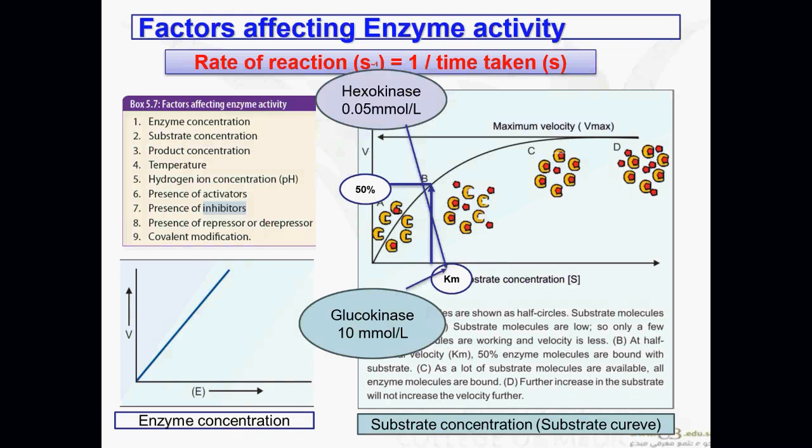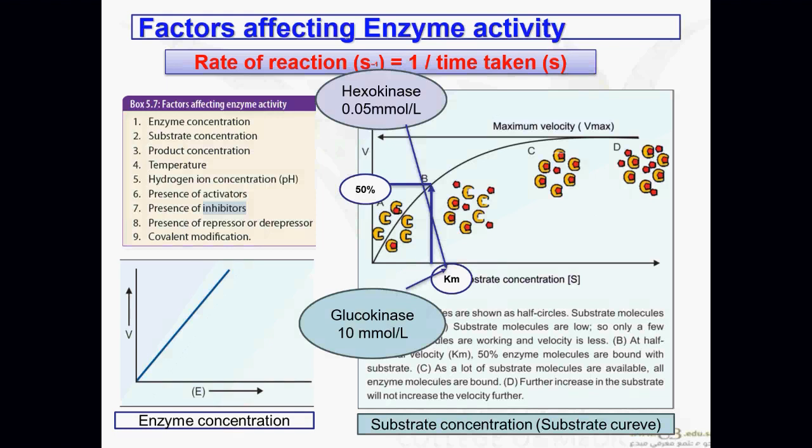So this means we need more of this glucokinase than the hexokinase, which is insulin dependent.